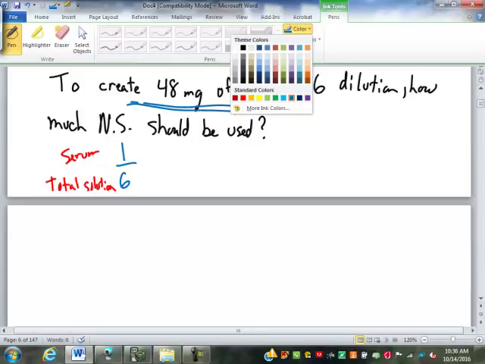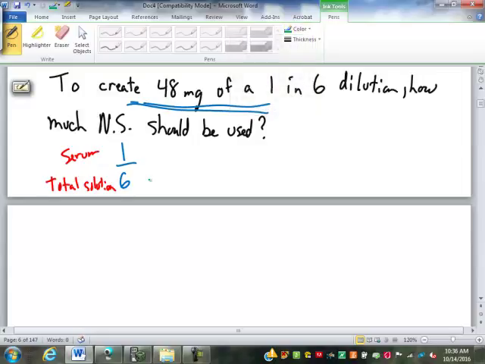Yes, it represents the total solution. You're absolutely correct. 48 milligrams does represent total solution. Are we looking for the amount of serum? No. Again, we can cross multiply and divide to find the amount of serum and subtract to get the amount of water. But I'm going to go ahead and make the ratio.